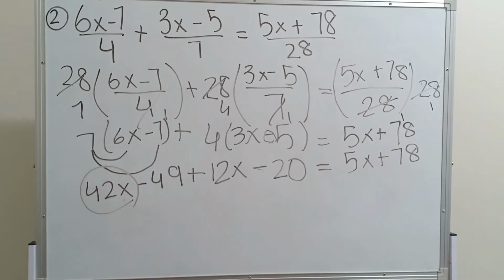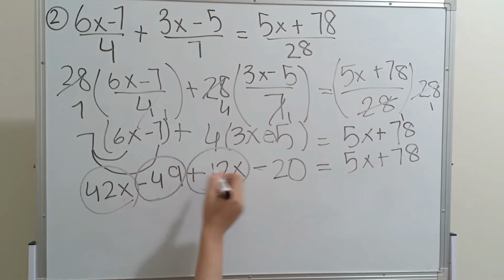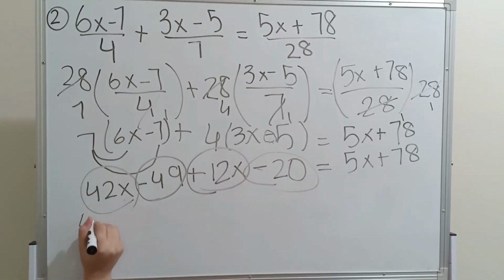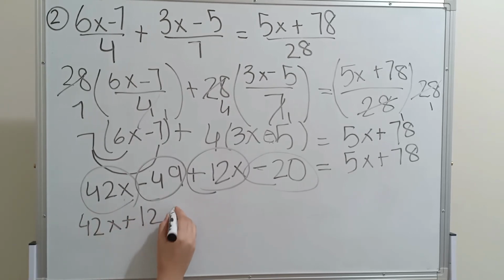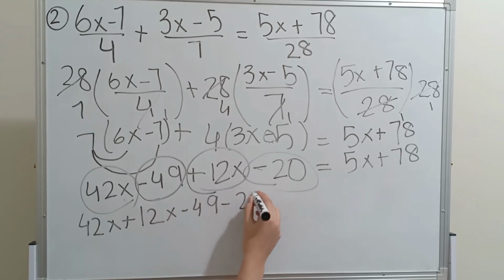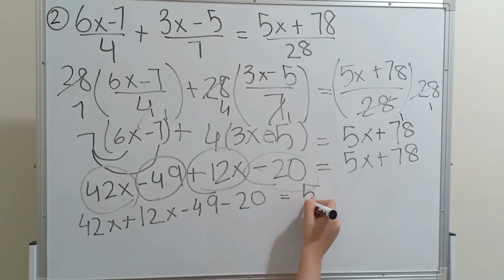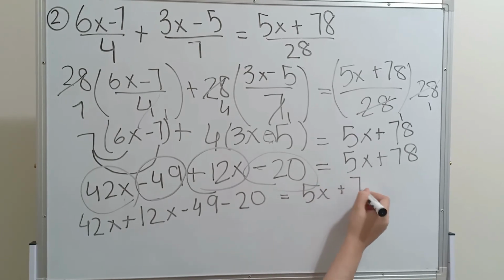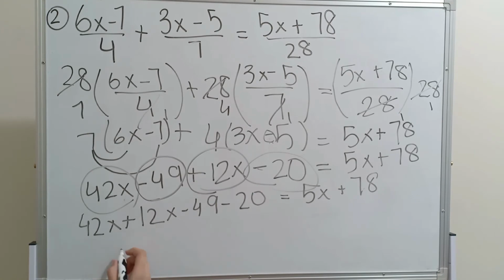First thing we're going to do, we can circle them with their signs, and then we can write them right next to each other. 42x plus 12x subtract 49 subtract 20 equals 5x plus 78. So if we do that, we will get 54x. You're adding them.